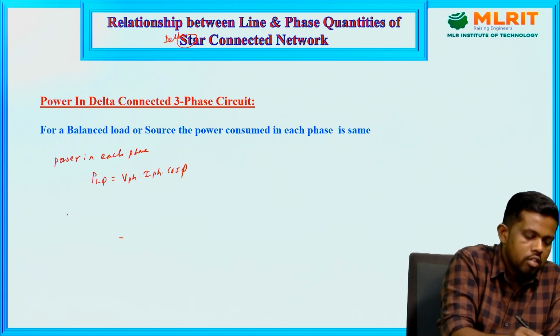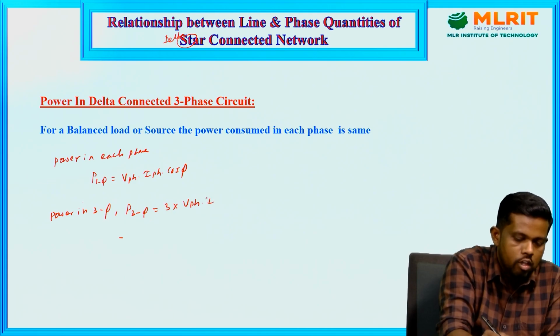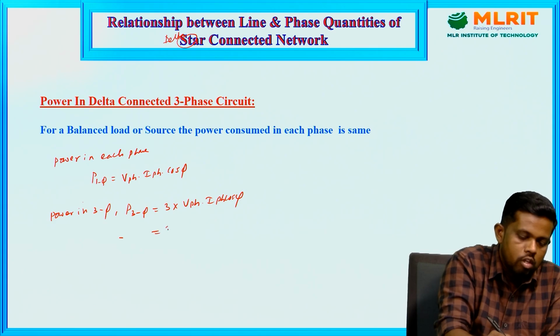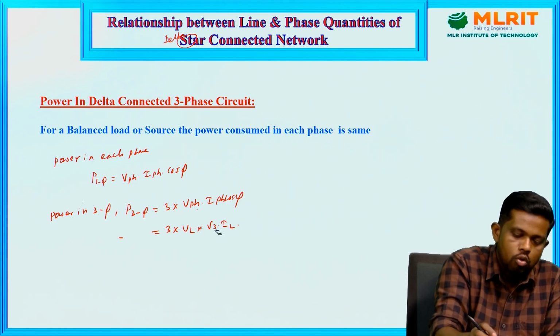So the three-phase power, P3 phase, equals 3 times V phase, I phase, cos phi phase. The line and phase voltages are the same in case of delta, but the line and phase currents are different: I phase is IL upon root 3.